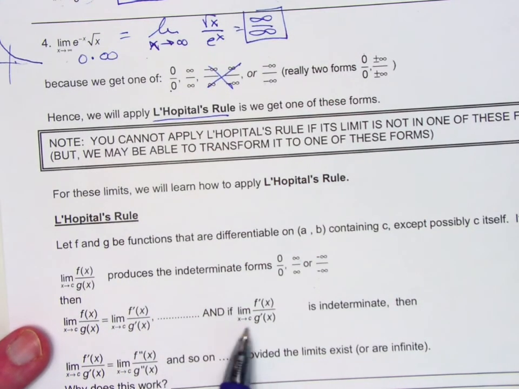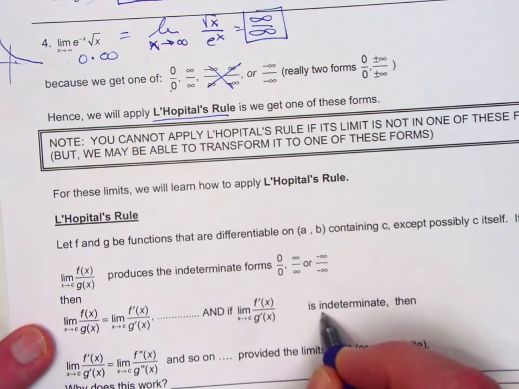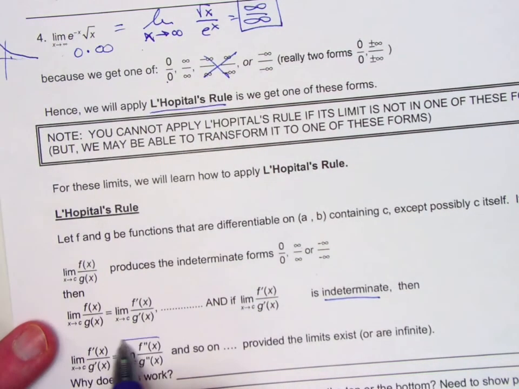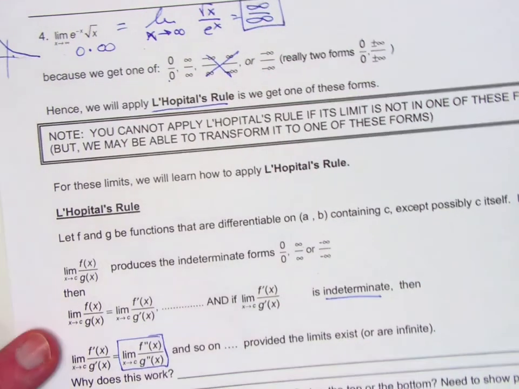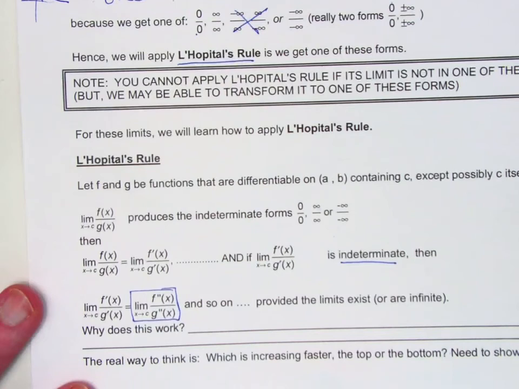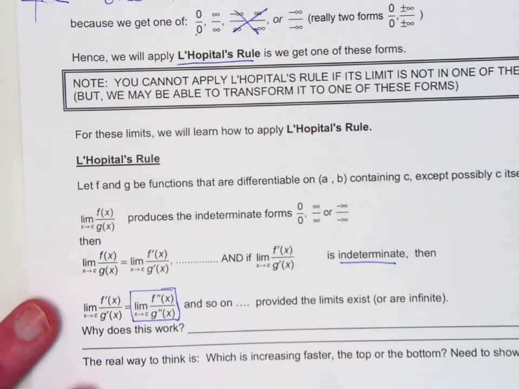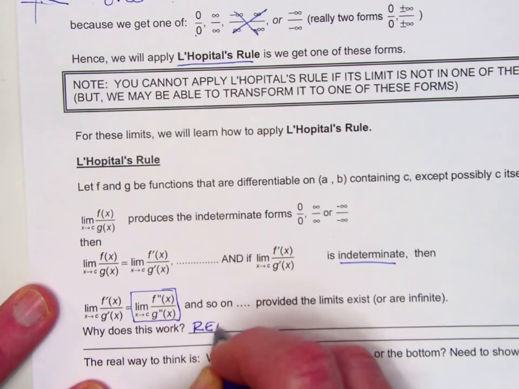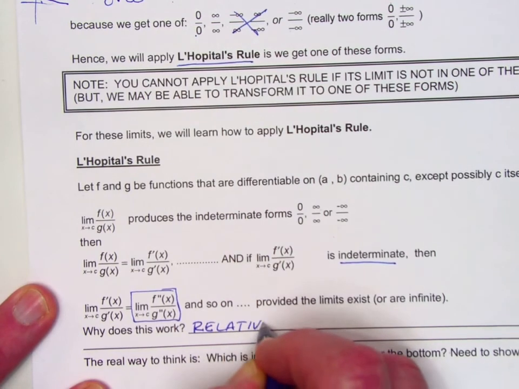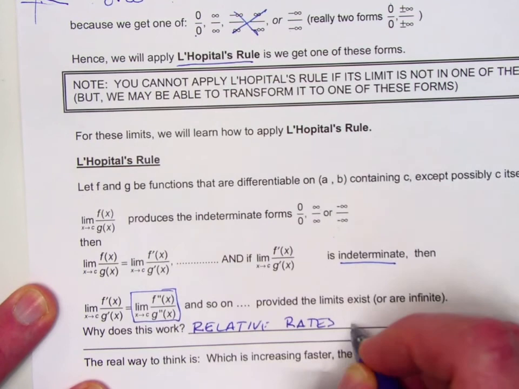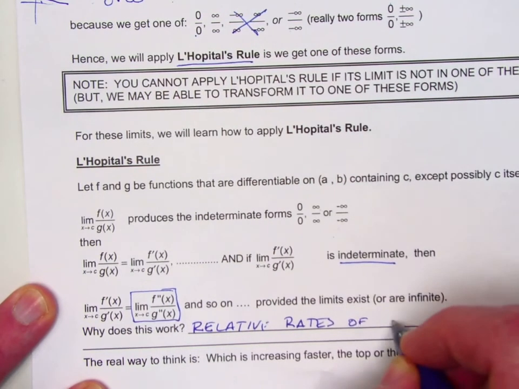However, if that is indeterminate, then I apply it again. I take a derivative of the top and the derivative of the bottom, provided the limit exists or is infinite, until I can actually compute a value. Why does this work? We are looking at the relative rates of change to determine limits.